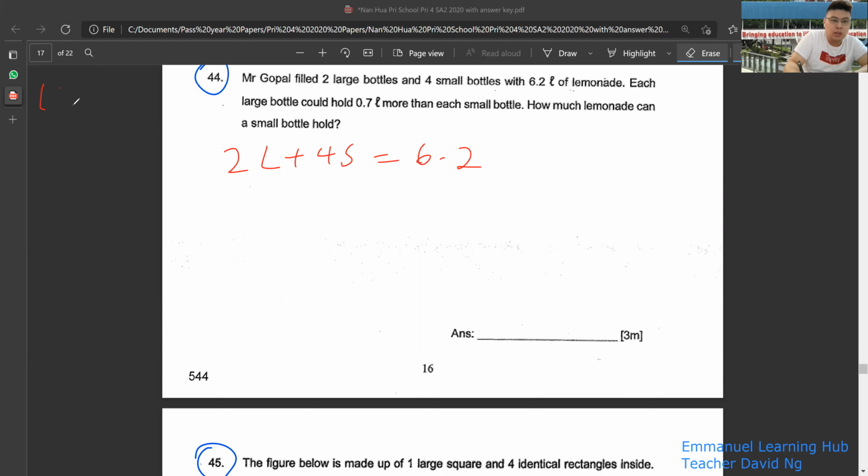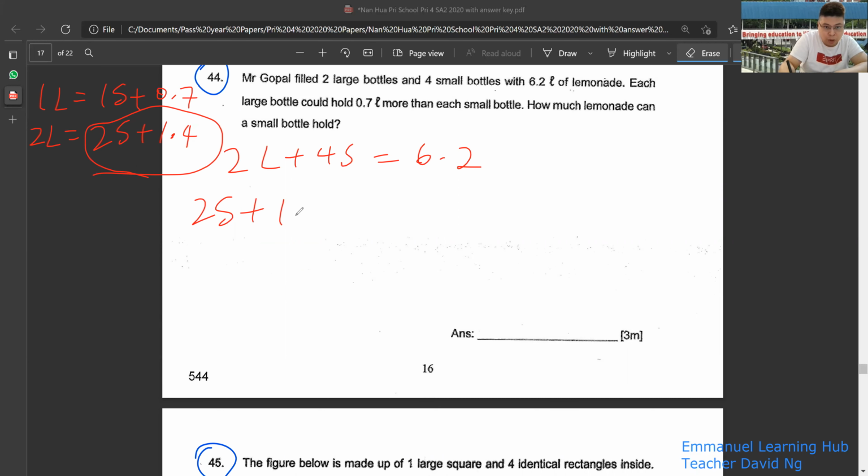So each large equals 1 small plus 0.7. So 2 large would be 2 small plus 1.4. So 2 large would be 2 small plus 1.4 plus 4 small equal to 6.2.